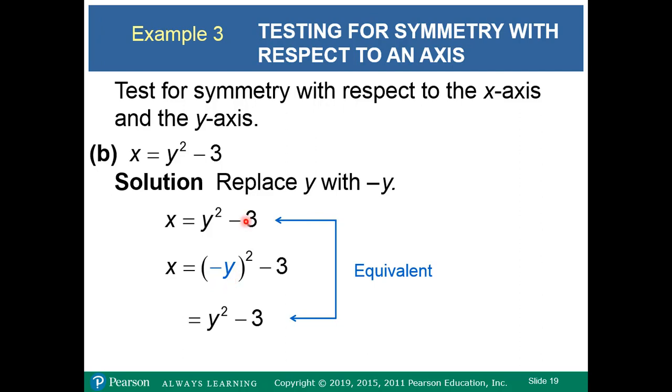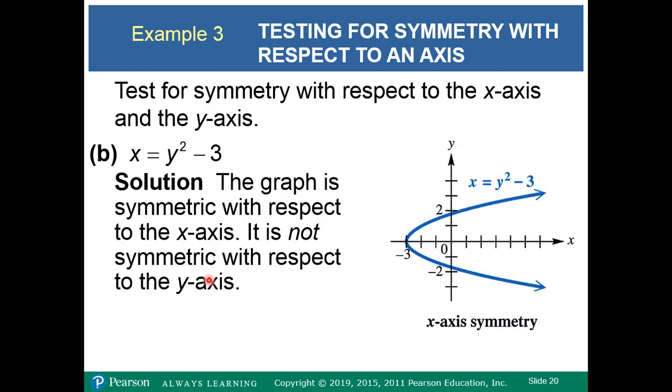So since we replaced y with negative y and we get the same expression, we know that this is going to be symmetric with respect to the x-axis. And of course, we can see that it is a sideways parabola like we talked about before. So the graph is symmetric with respect to the x-axis, but is not symmetric with respect to the y-axis, as you can see from the graph. And again, if you plug in negative x here, you're not going to get the same expression.